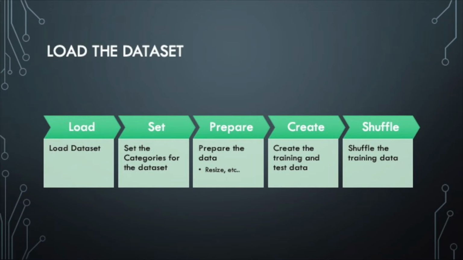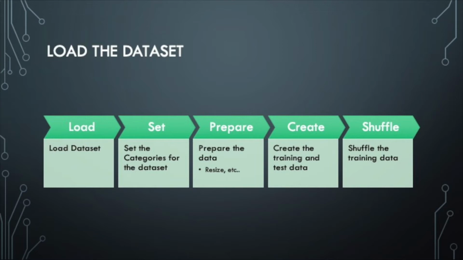So pictures from a website may have login, cart, LinkedIn, etc. for their categories. Then we need to prepare the data. So we need to resize the image to the size that will be applied to all images, as the convolutional neural network will expect a specific size. Then we need to set the color scale. Is it grayscale, 2D, or is it RGB, 3D, etc.